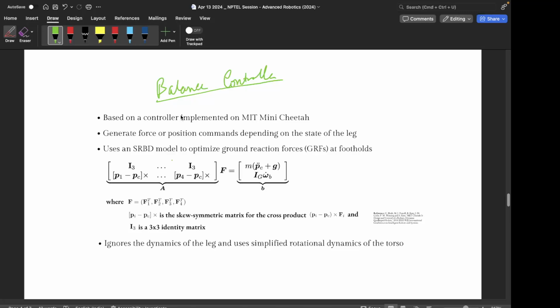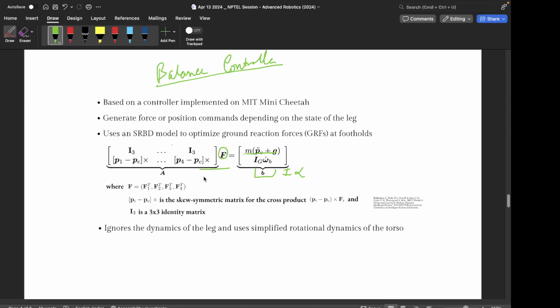The dynamical model that we use is the SRBD model. This is the same equation which we have seen above. The sum of contact forces is equal to the mass times acceleration, and the sum of all the torques due to forces at the contact is equal to I alpha. Each leg can be either in contact or in swing phase.